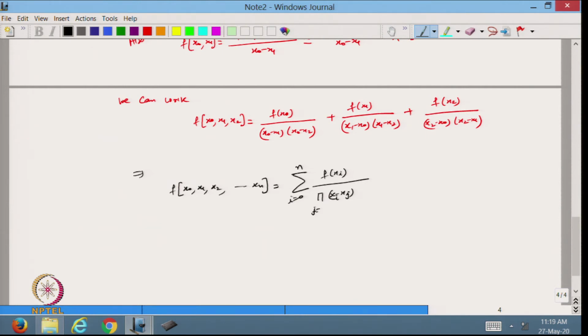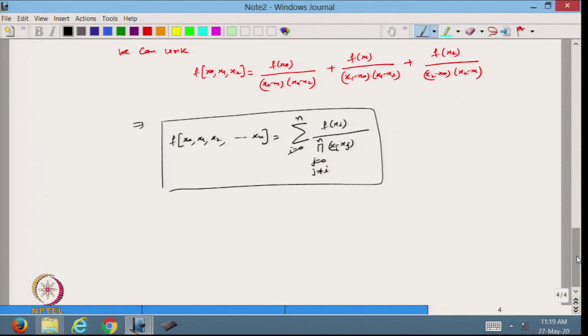So I am taking j from 0 to n, with j not equal to i. Like if I take i equal to 0, then it will be x0 minus x1, x0 minus x2 and all these values except this one, where one value will be missing. So this is the expression for the nth divided difference formula.